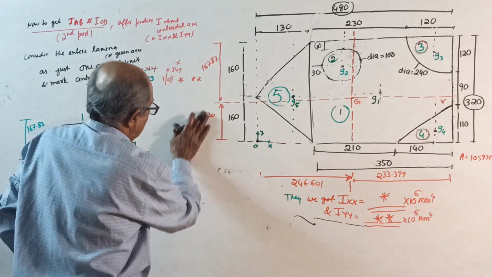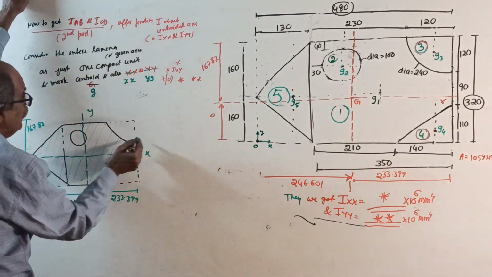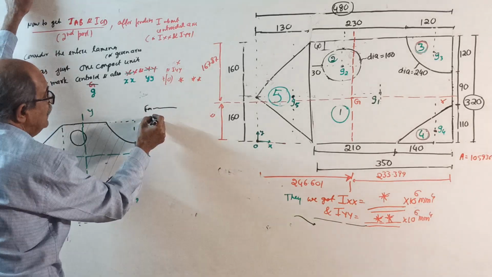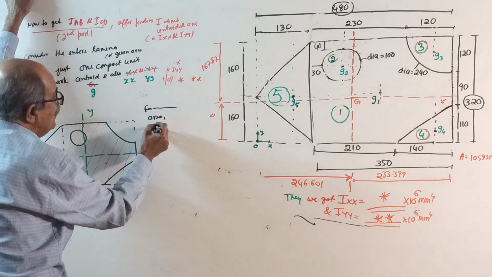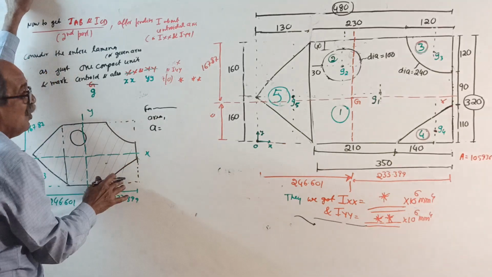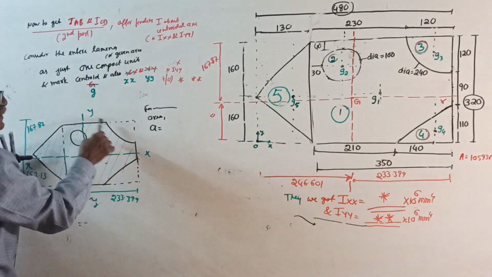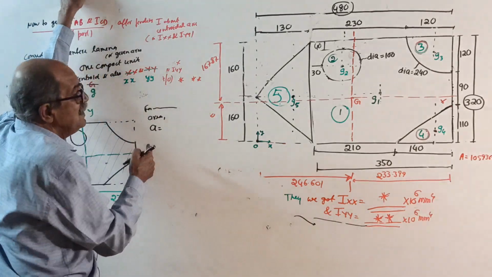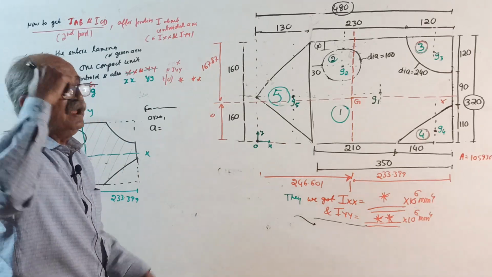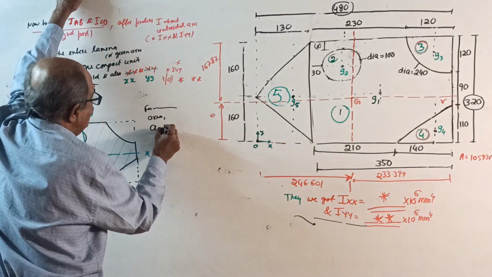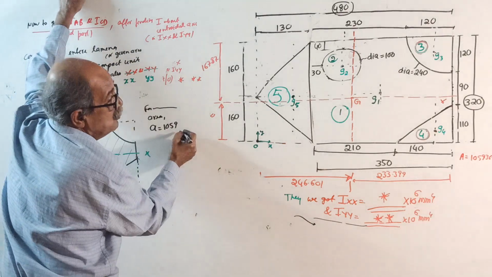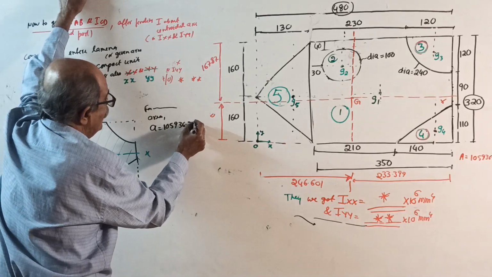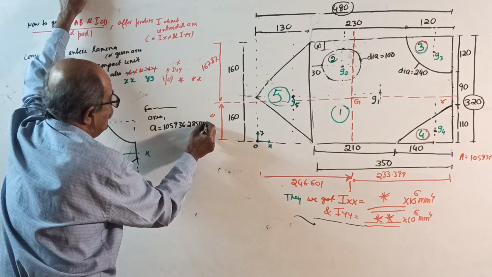I remove all this one now. Write the property. See, entire one unit. For the complete area as one unit, small a I will write, because now you are considering this as a component. Area, we already know when you found the x bar, y bar there: 1059,36.285 mm square.